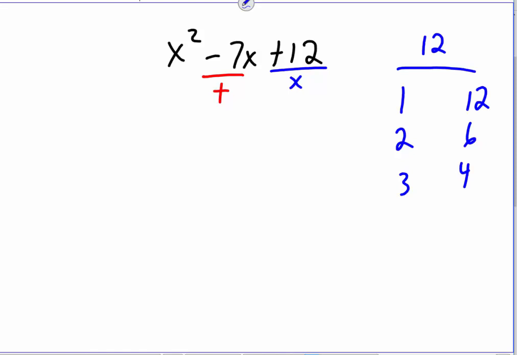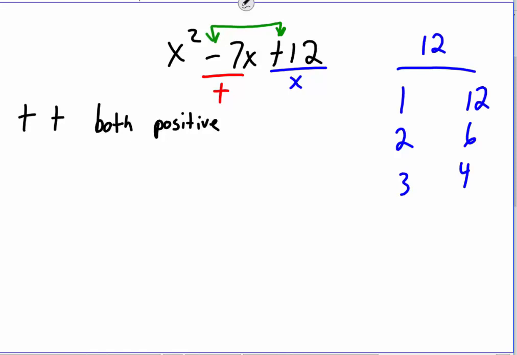If both signs here and here, these are the two signs that I'm going to be talking about, are positive, positive, then both of the factors are going to end up being positive.